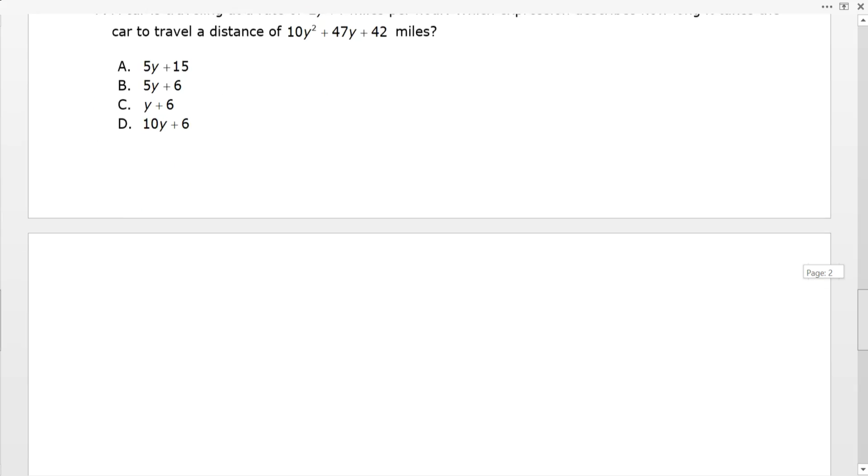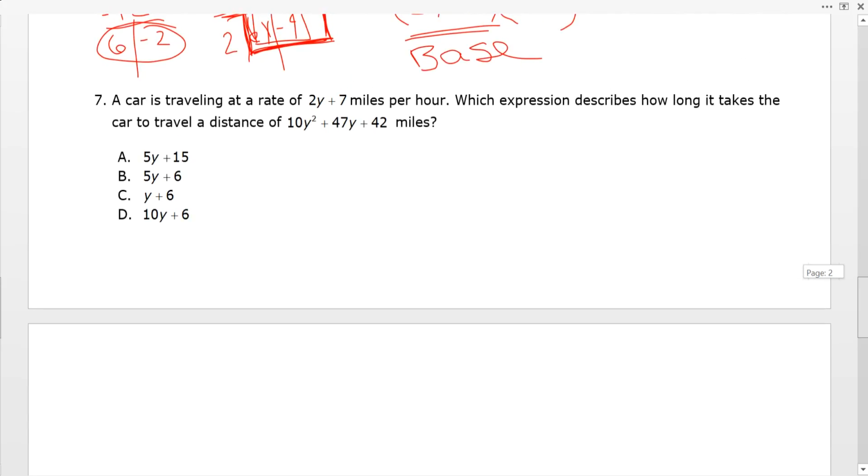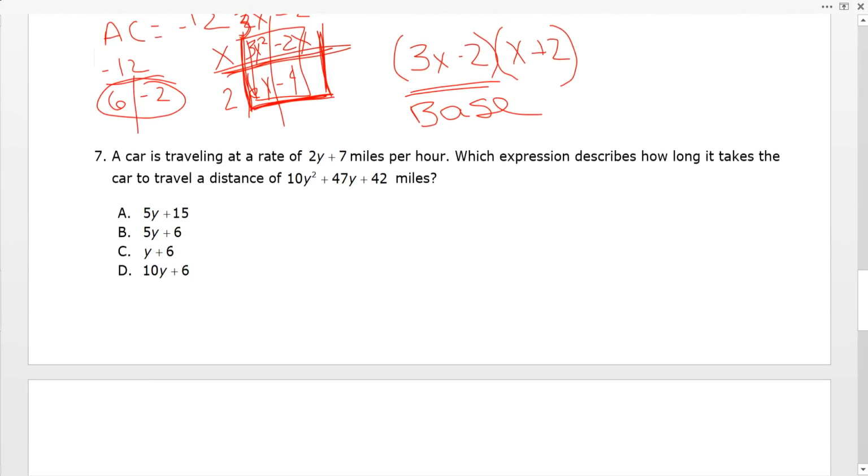All right, last one. We're just going to keep on factoring. All right, common factor. No, because 47 is prime, I think. Nothing goes into 47. Okay. Sum is 47.